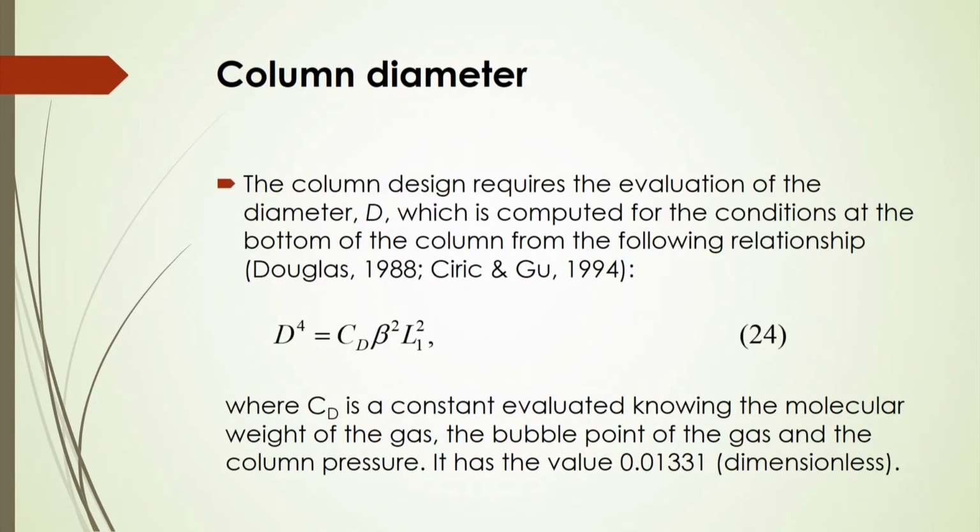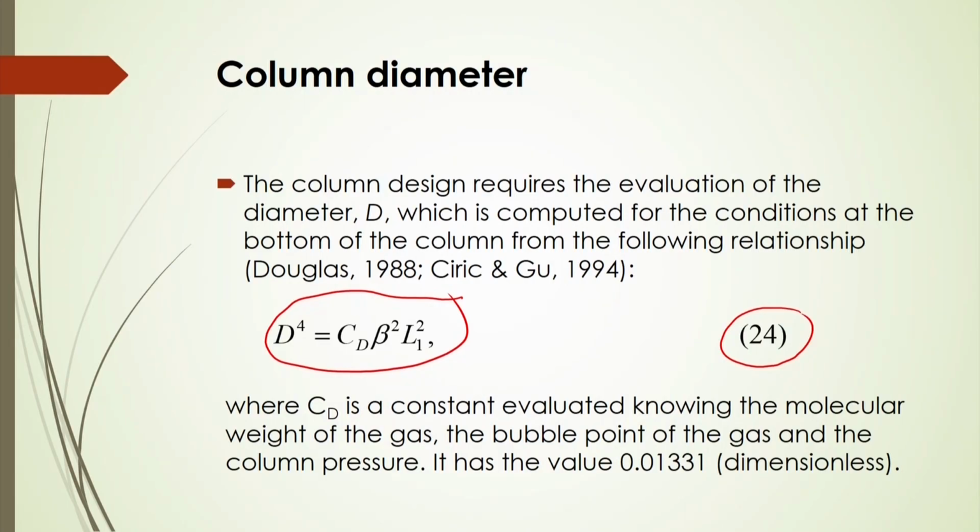And then how to calculate the column diameter? The column design will require the evaluation of the diameter d, which is calculated for the conditions at the bottom of the column from the following equation, denoted by equation number 24, given by Douglas in 1988, or you can follow the Sirik and Gu 1994 paper.